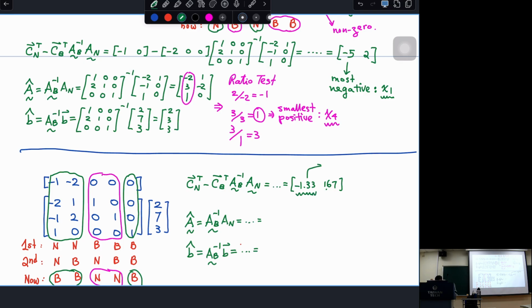So the first non-basic to be chosen. Which one is the first non-basic? S3. To be swapped. And if you do the calculation for these, you will end up with negative 0.7.